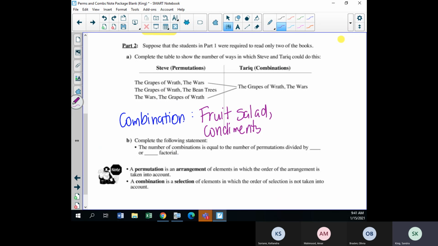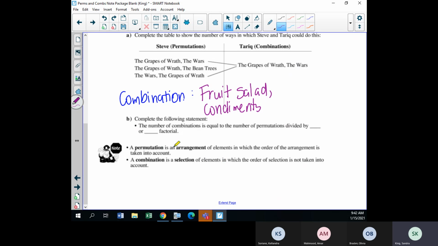So that would be ketchup and mustard, or mustard and ketchup. It doesn't matter. It doesn't change anything. That would be a combination problem. So permutations are going to be arrangements, and order matters. Combinations are selections, and order does not matter.